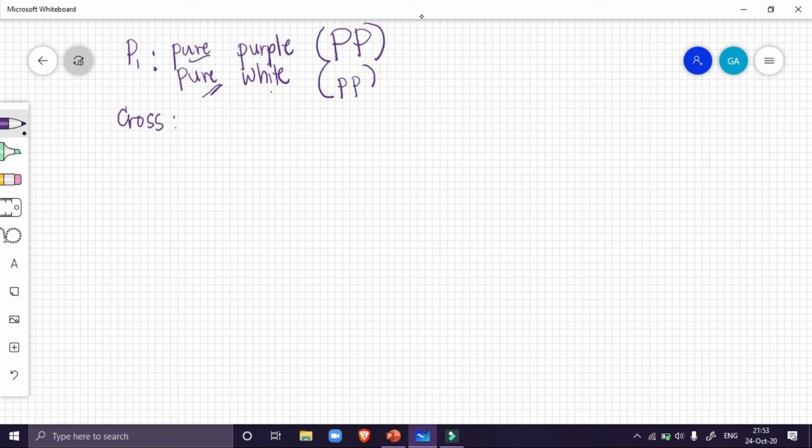Cross natin yan. So, pure purple times pure white. So, for this, para makita natin or ma-predict natin yung offspring na mangyayari, gagawa tayo ng tinatawag na Punnett square. So, I know you are already familiar with the Punnett square. It is just a square, so I will just draw a square.